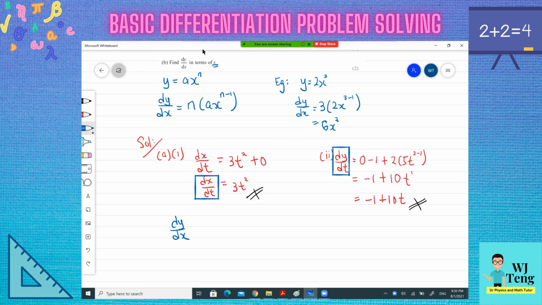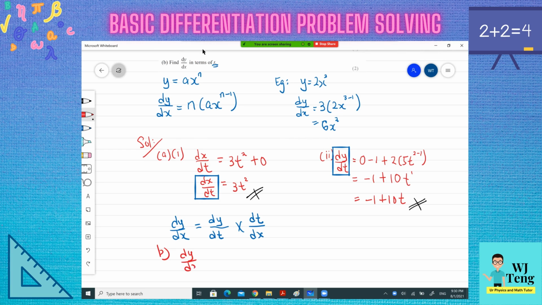And by prior knowledge of the chain rule, it tells us that dy dx actually comes from a form like this: dy divided by some other term, multiplied with some other term over dx, isn't it? And in this case, since it's a term with respect to t, it should be dy dt multiplied with dt dx.